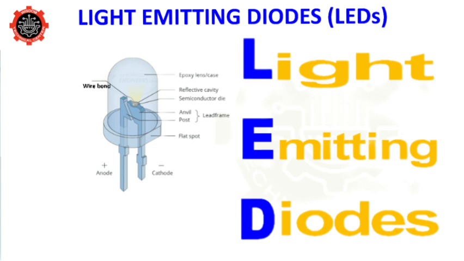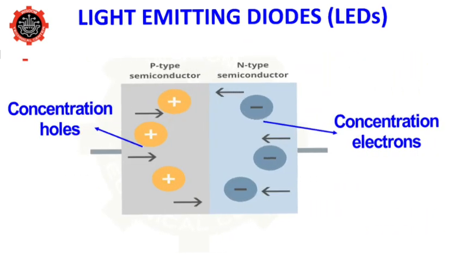Therefore, the LED, in full the light emitting diode, is abbreviated as LED. The light emitting diode is a kind of semiconductor light source that combines a p-type semiconductor, that's the larger holes concentration, with an n-type semiconductor, that's the larger electrons concentration.